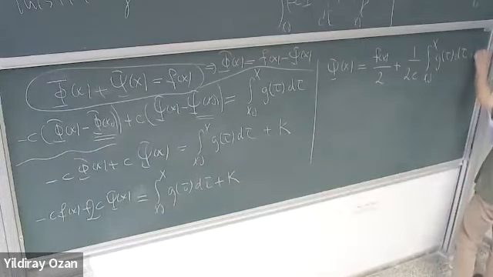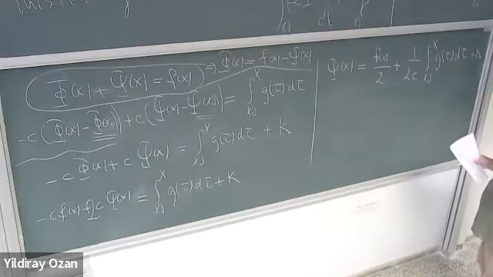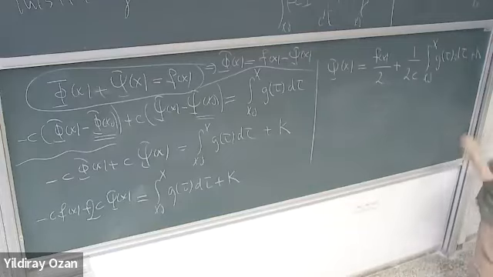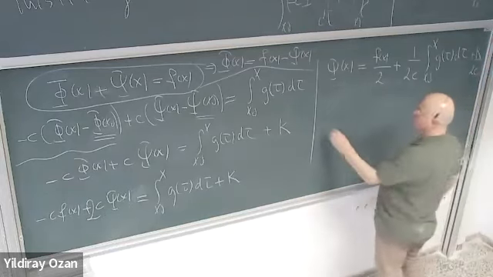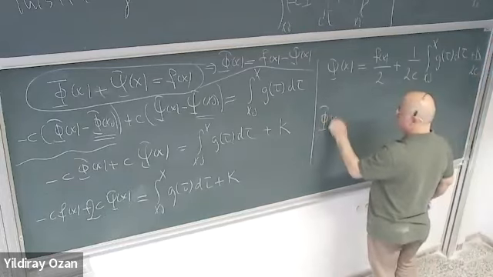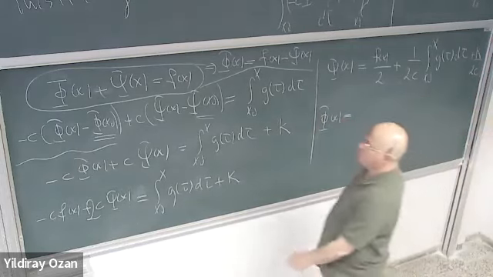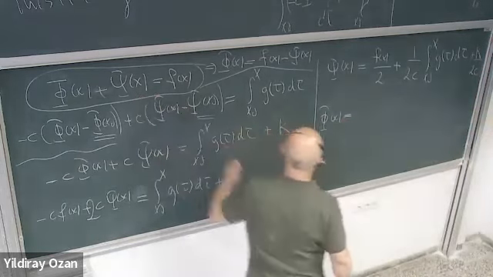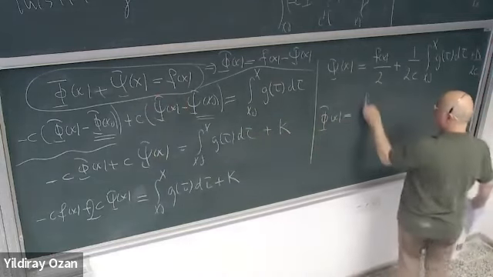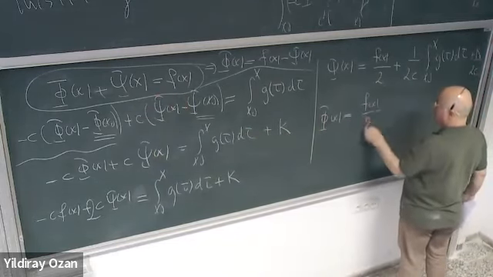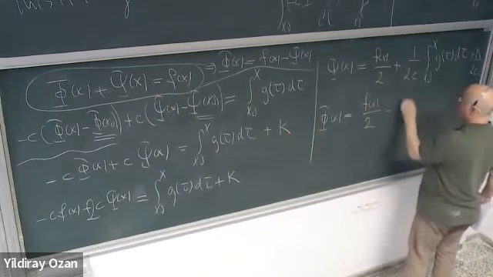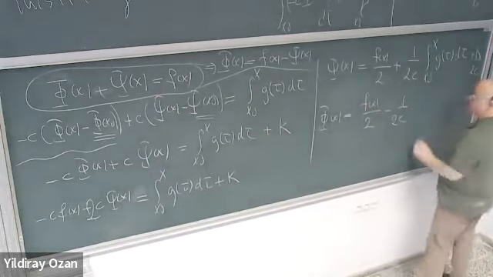Ee, yani bu k bölü 2c olması lazım. Burada da şu ise ne olacak? Ee, ikisinin toplamı f'ti. Dolayısıyla o zaman şöyle olur. So this is f of x over 2. This time it should be minus, right?